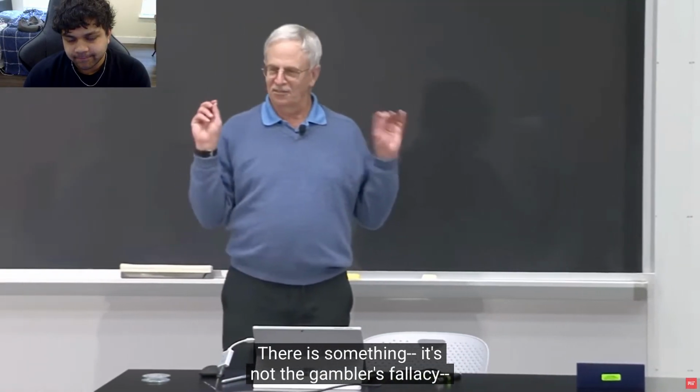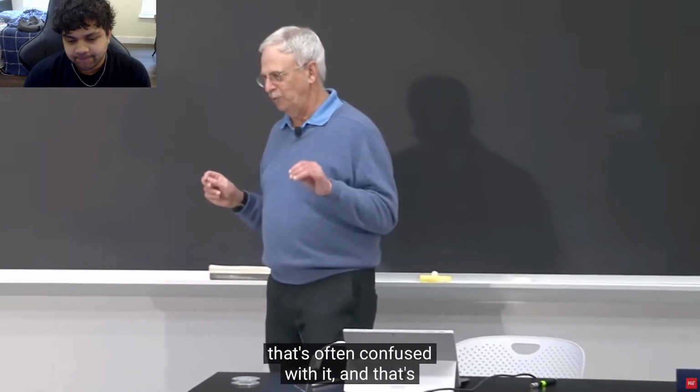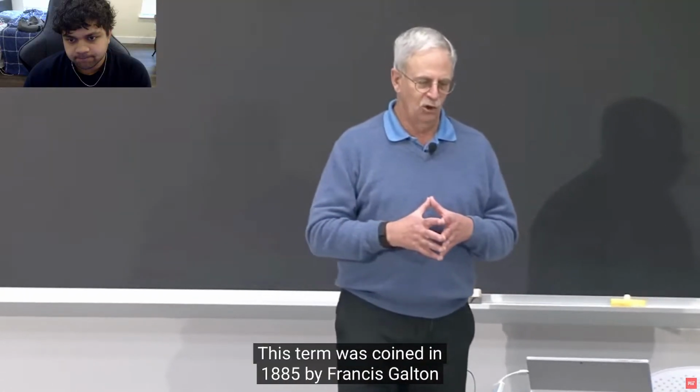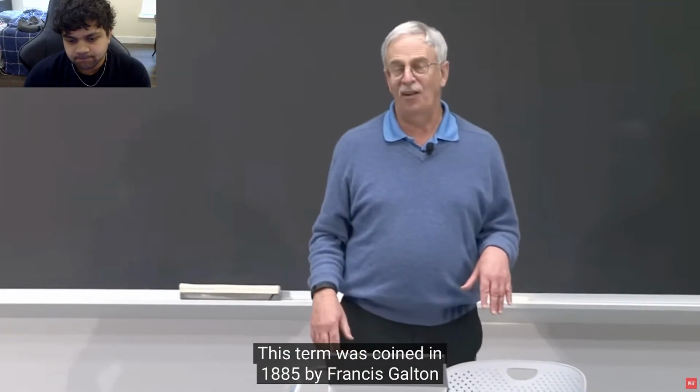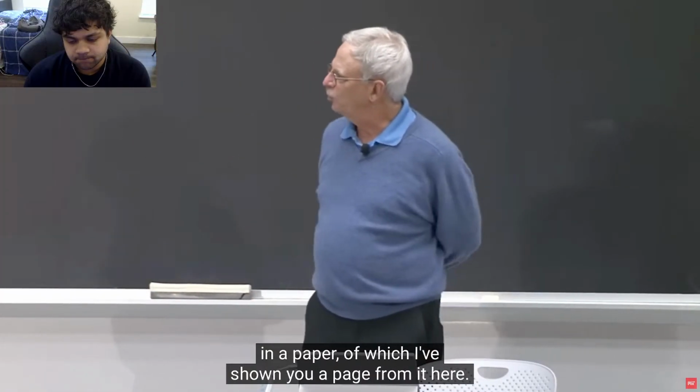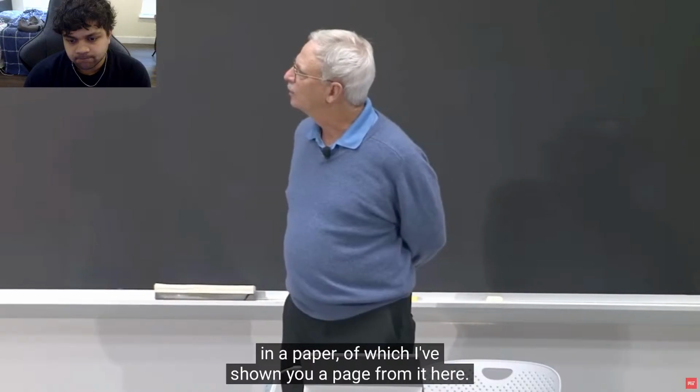There is something, it's not the gambler's fallacy, that's often confused with it, and that's called regression to the mean. This term was coined in 1885 by Francis Galton in a paper of which I've shown you a page from here.